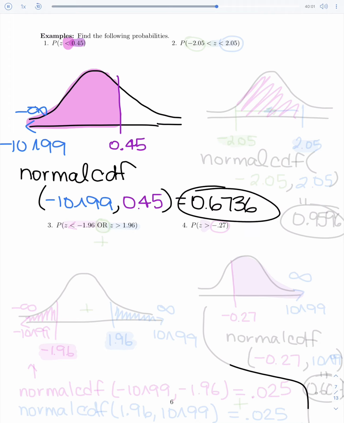Now, let's move along to problem number 2. In problem number 2, again, we have z-values, so we'll draw our standard normal curve. This time I have two different values. I've got a left side of negative 2.05 and a right side of 2.05. And notice on the positive 2.05, it says we want to be less than, which means to the left.